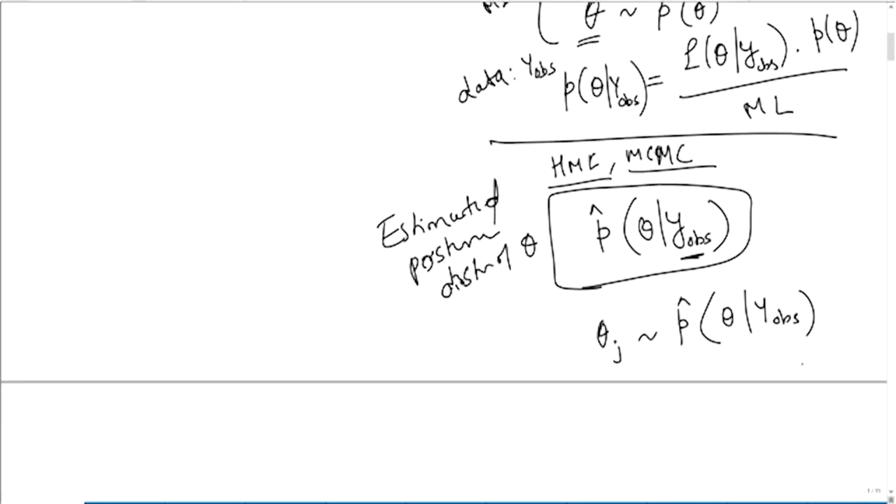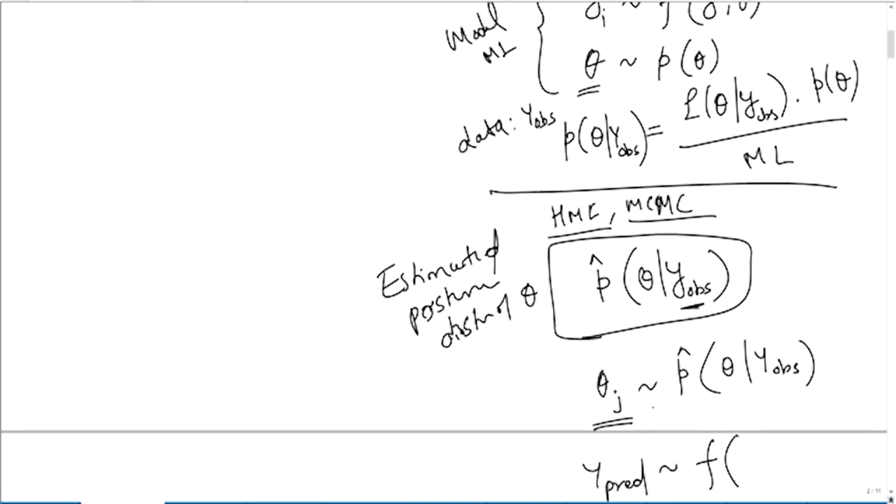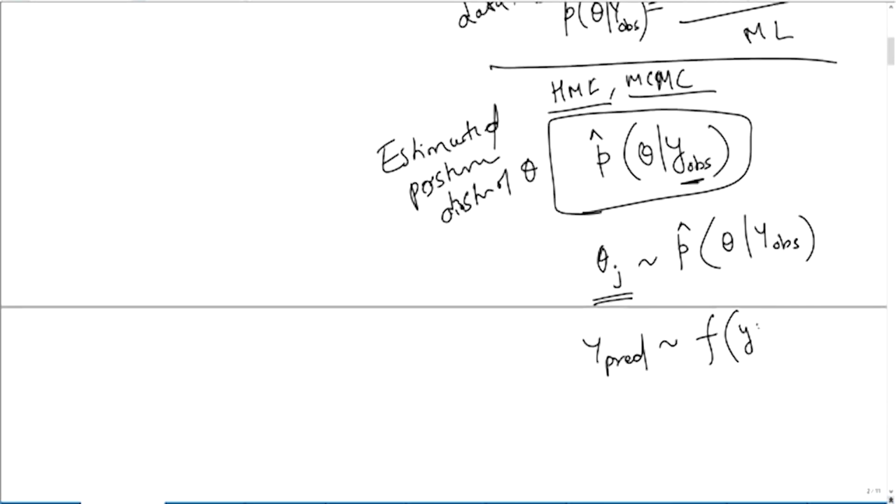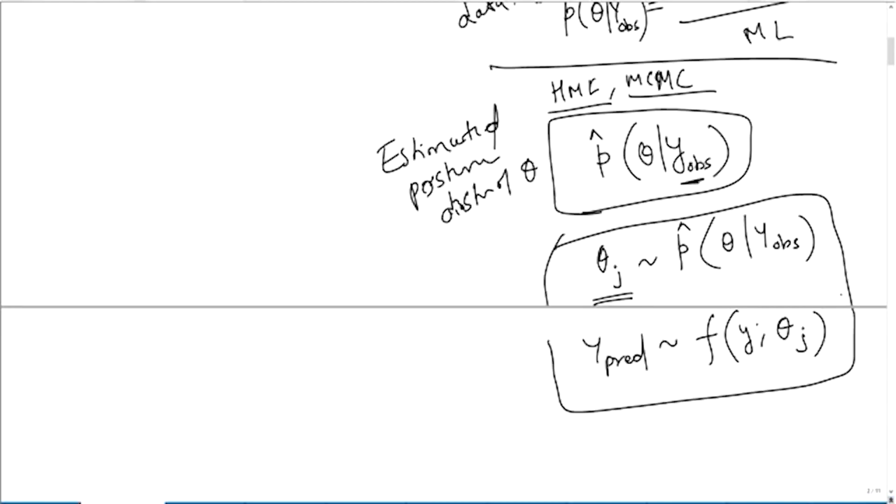Conditional on each sample from the posterior, you generate new data. I will call it y-pred. So, y-pred will come from our likelihood assumption, which was f(y | theta j), because theta j is a sample from the posterior.